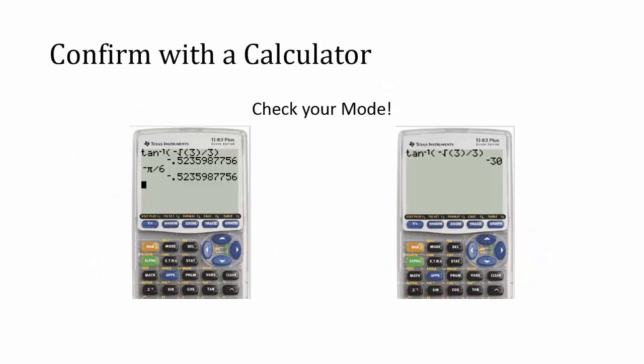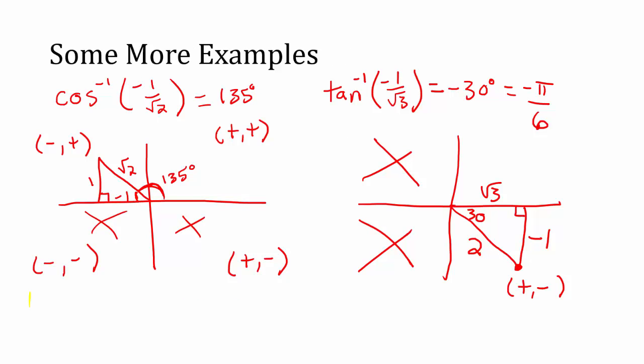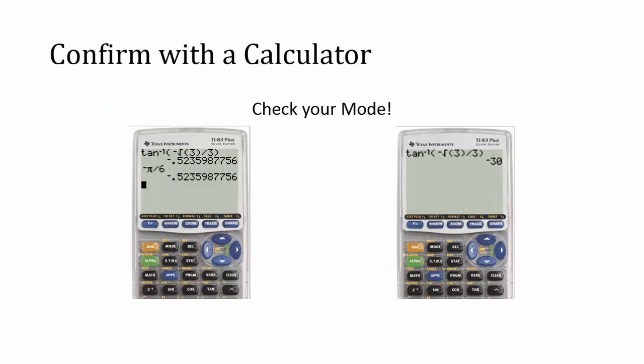You can confirm this with your calculator. So here I'm doing the tan inverse of -√3 over 3, which is the example that I started with. I changed it to -1 over root 3, but I started with it being the tan inverse of -√3 over 3. So notice I do that on the calculator, and this answer comes back, -0.523. Like, what's going on with that?